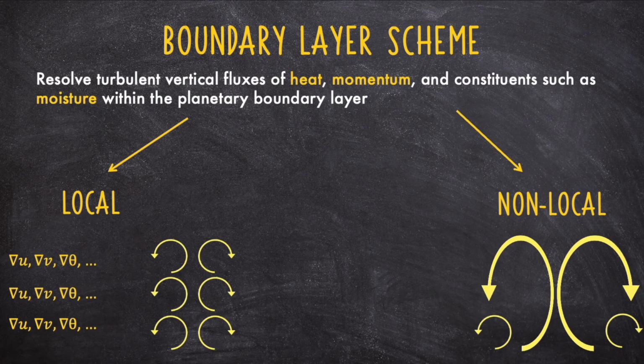Non-local schemes are used for conditions when the largest transporting eddies may have a similar size as the boundary layer height itself. They determine an eddy diffusivity profile based on a diagnosed boundary layer height and a turbulent velocity scale. They also incorporate non-local, so vertical, transport effects for heat and moisture.